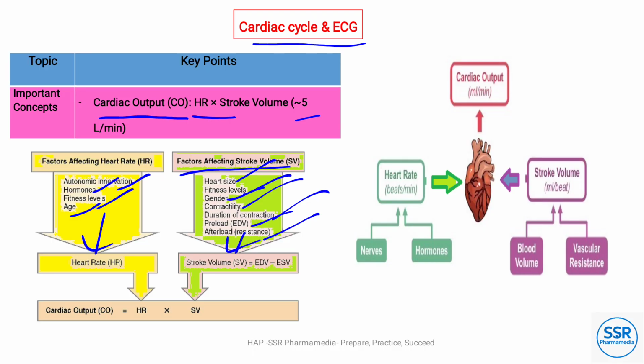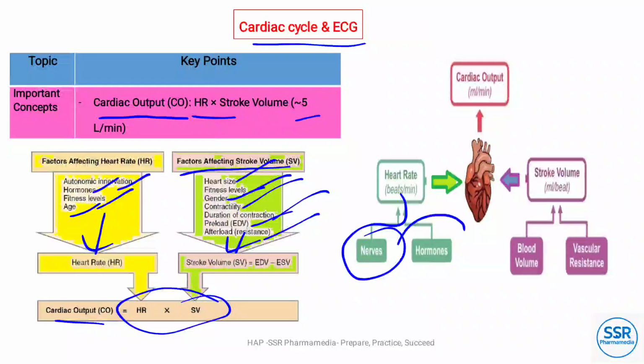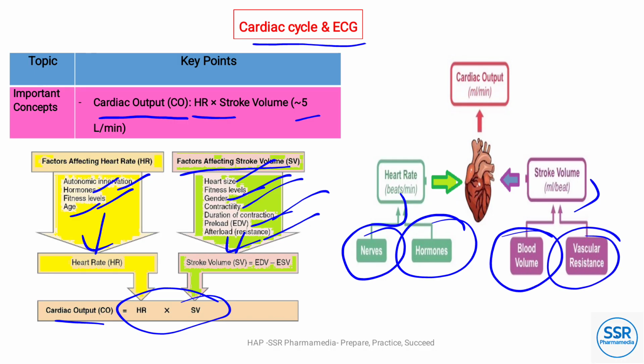Finally, cardiac output, CO, is equal to heart rate into stroke volume, which is cardiac output per minute. Heart rate involves nervous and hormonal factors, and stroke volume indicates blood volume and vascular resistance.